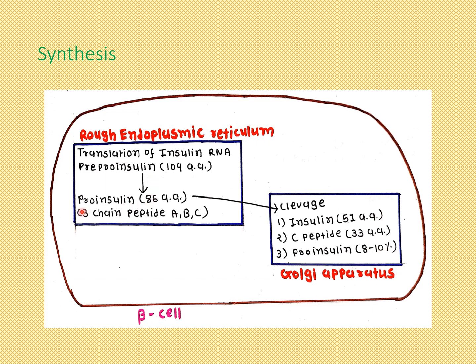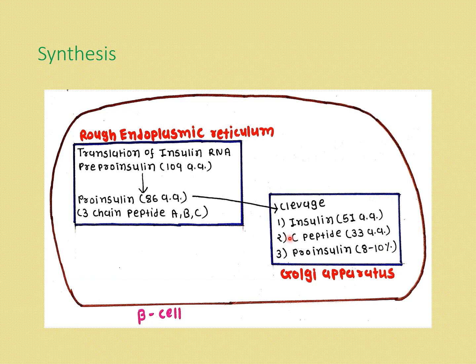cleaved into proinsulin having 86 amino acids, having 3 chain peptide, that is A, B and C. Now further cleavage of this proinsulin is in the Golgi apparatus, which cleaves this proinsulin into insulin and C-peptide.